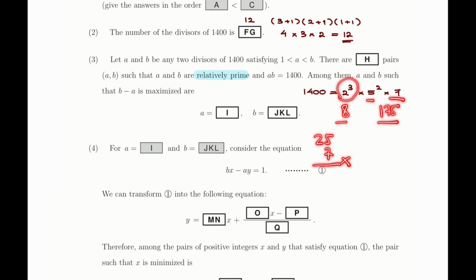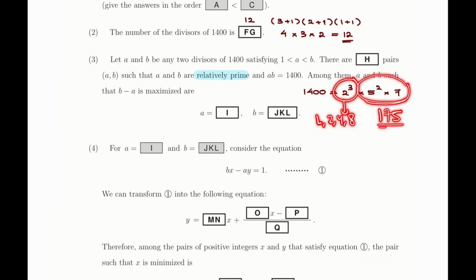This is a pair of relatively prime numbers. Because the factors of 8 are 1, 2, 4, and 8. The factors of 175 come from the multiplication of 5 to the power of 2 and 7.